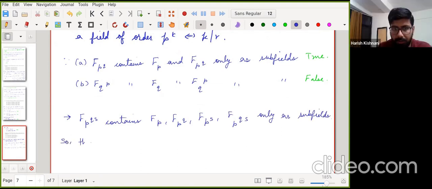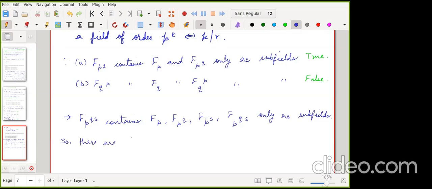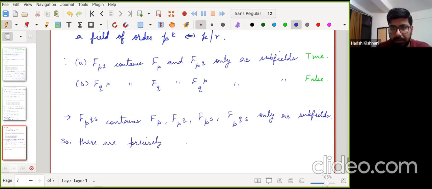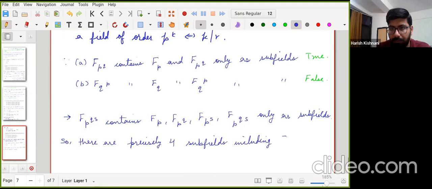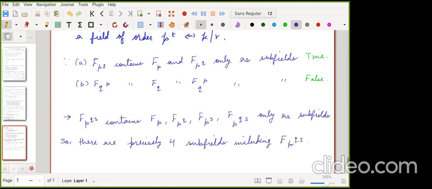There are precisely 4 subfields, including F_{p^{qs}}, right?